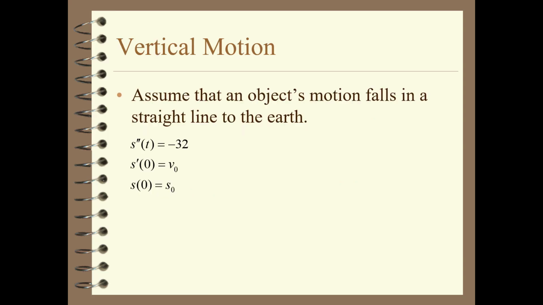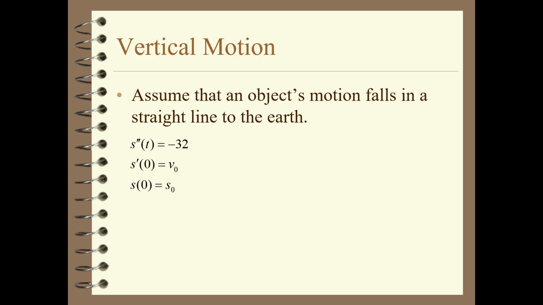So as a fun application, let's verify something you probably have already learned in physics, which is how to determine the position of an object as it falls if you're given gravity and initial velocity. So let's assume that the acceleration, being the second derivative of position with regards to time, is negative 32 feet per second squared. Let's assume that the initial velocity, being the first derivative of position, is going to be v naught.